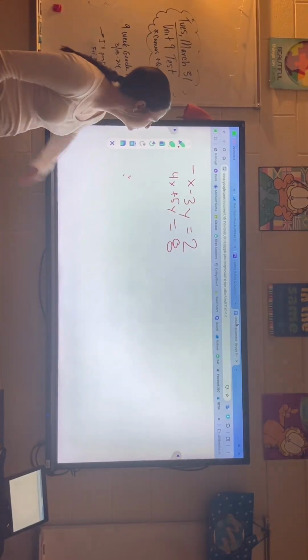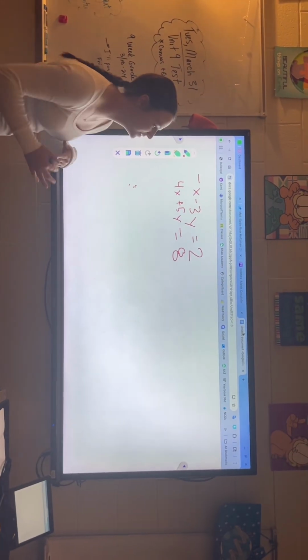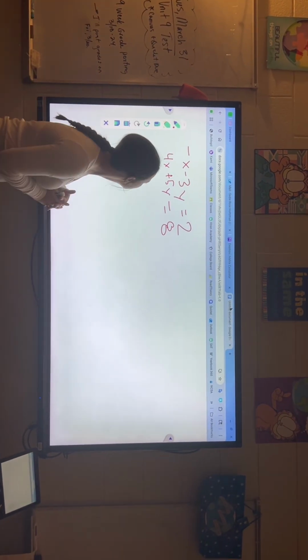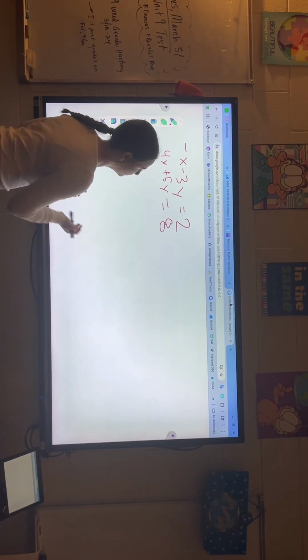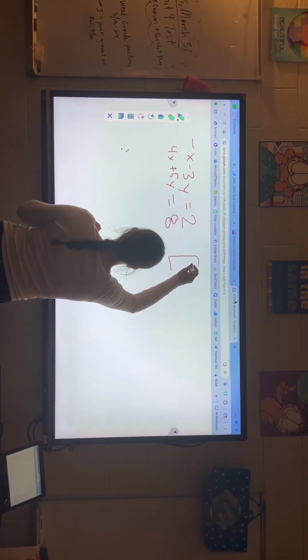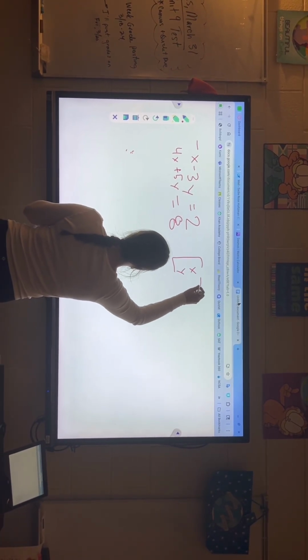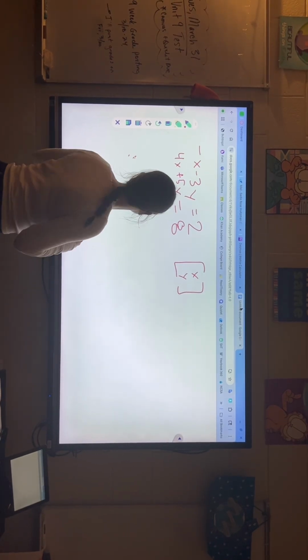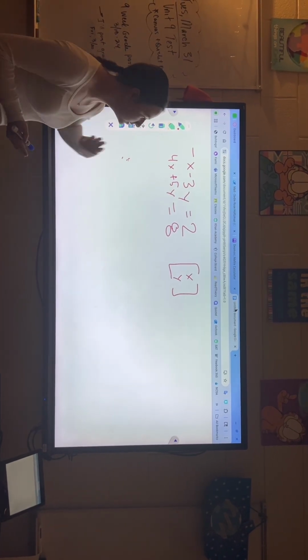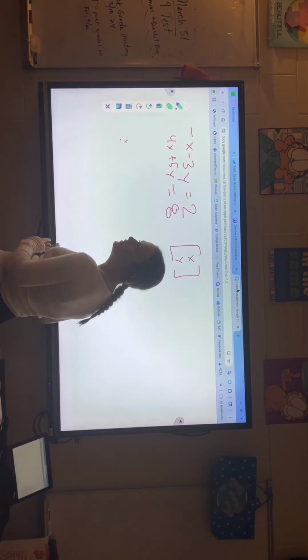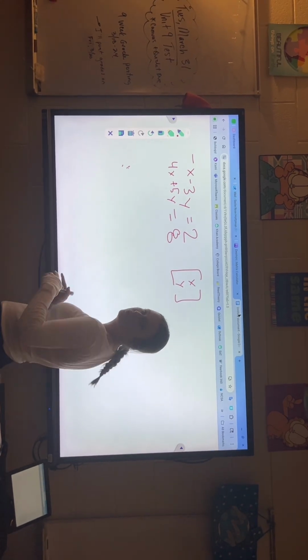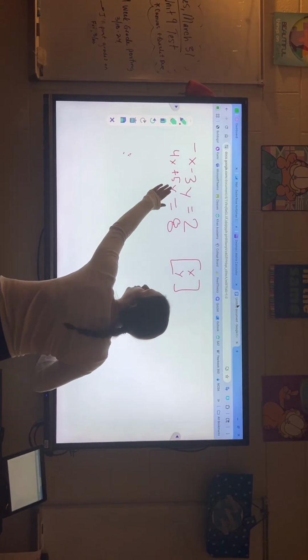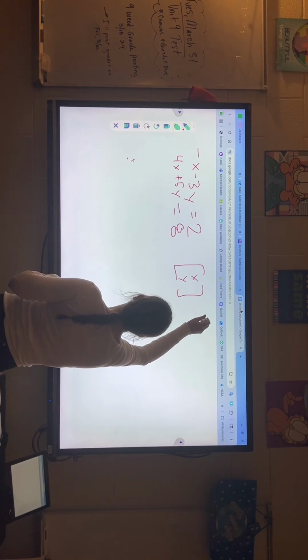Problem 2. Again, our first thing is to change them into matrices. Since the variables are X and Y, that will be our first matrix. Our second matrix will be the constants with the variables. It's again a 2 by 2 matrix because there are two variables and two equations.